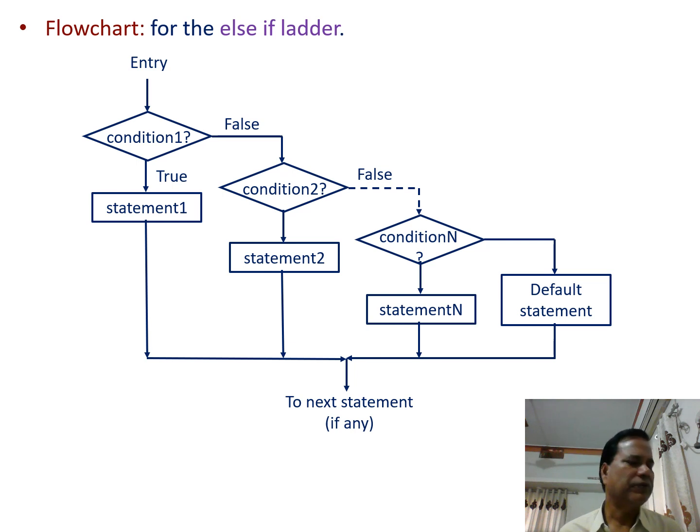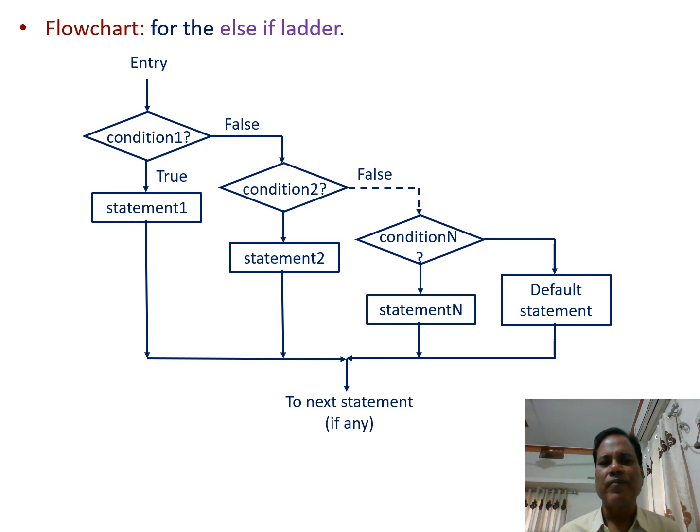If the condition is false, then condition 2 is tested, depending on whether it is true or false. If it is true, statement 2 or the block of statements is executed, and after execution control goes to the next statement. If condition 2 is false, then another condition is checked.